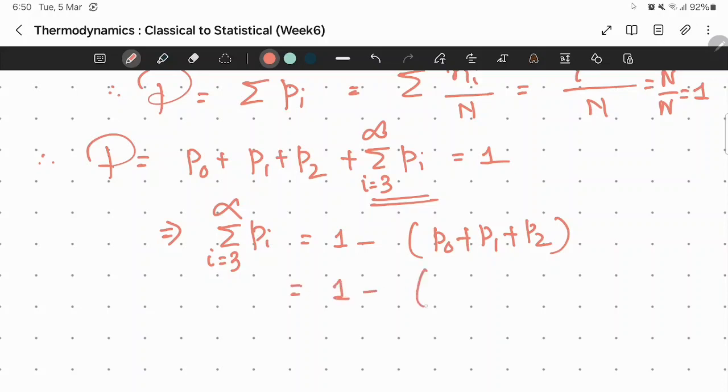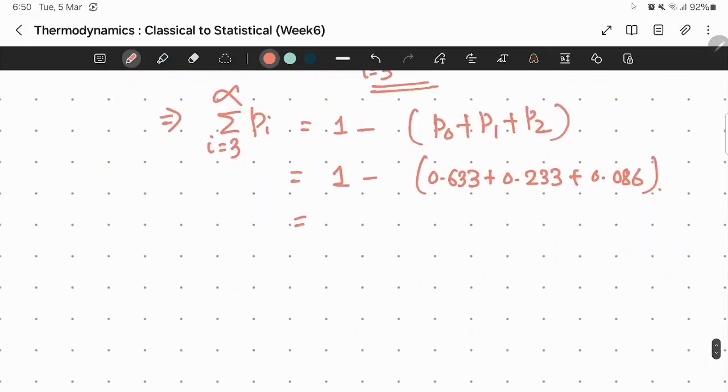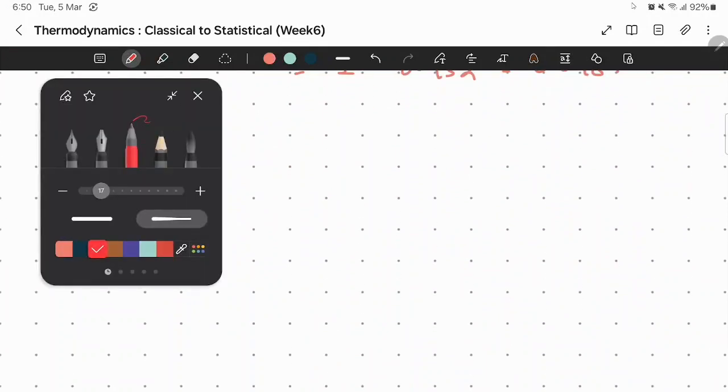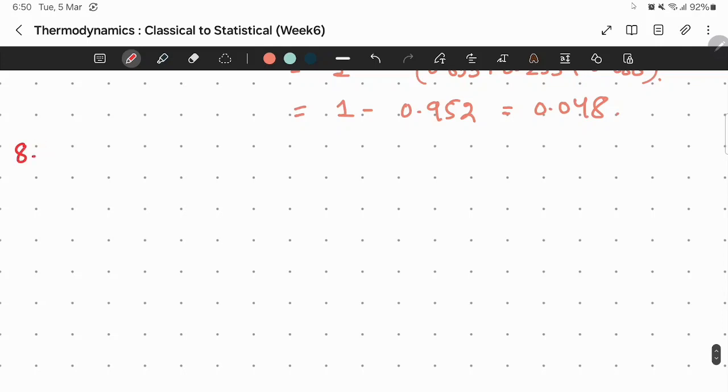These are known, so it will be 1 minus the sum. So this is the problem. Okay. Good.